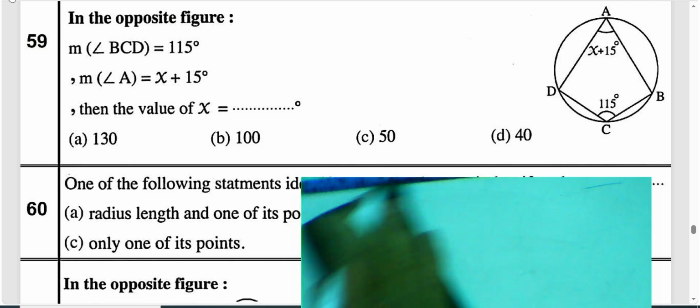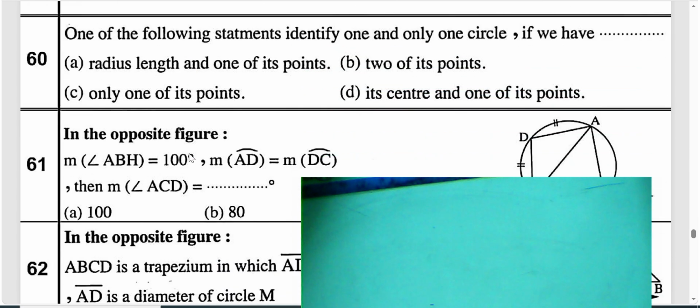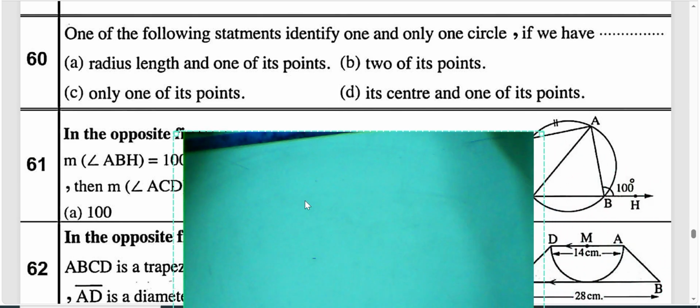Okay, next question. Which of the following statements identifies one and only one circle?